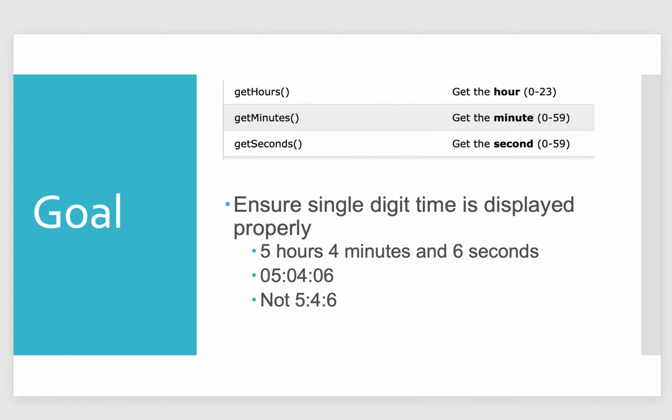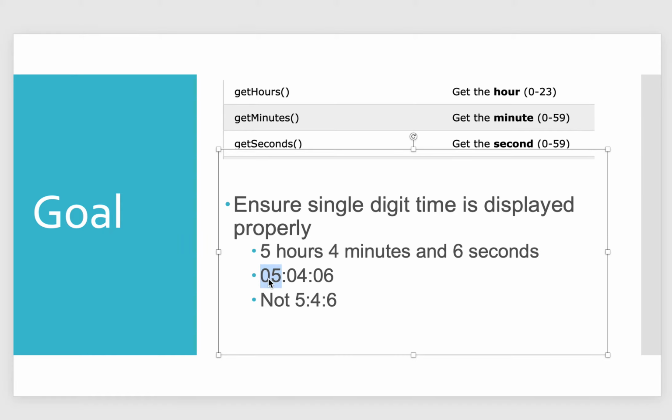Another thing I want you to note in this section: remember when we use getHours or getMinutes or getSeconds, those methods return between 0 and 23 or 0 and 59. And that may not be how we properly want to display our time. For instance, let's say we had 5 hours, 4 minutes, and 6 seconds. It would return a 5 for 5 hours. But that's not how we view time as humans.